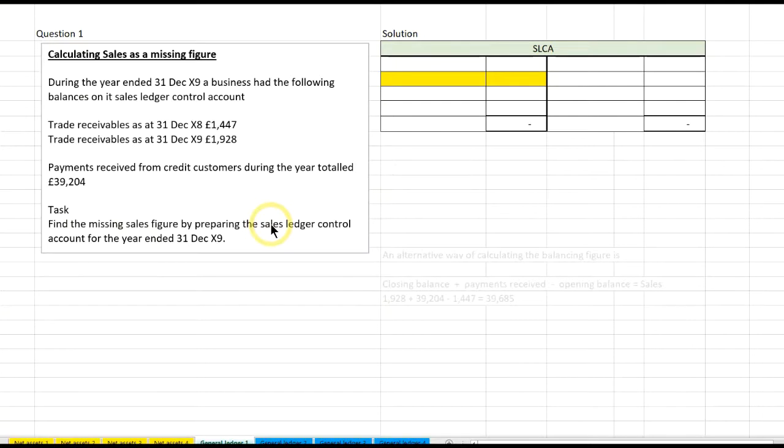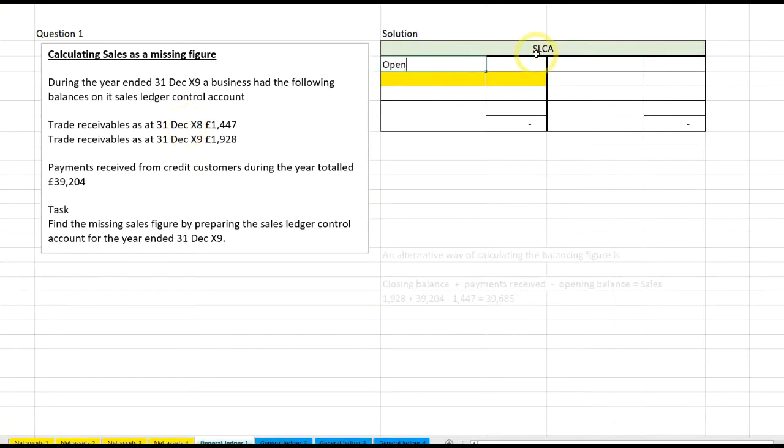Let's look at the information we've been given. We are preparing the accounts for the year ending December X9. We are told the trade receivable balance at the beginning of the year and at the end of the year. So that's the closing balance for the previous year, so we can assume that's the opening balance for the current year.